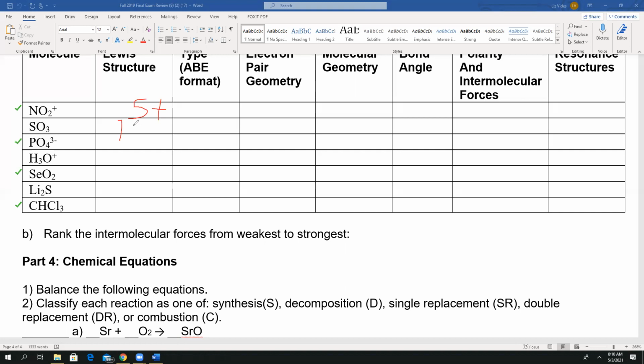That's 12. And then when you add, this is 17, but you have a positive charge, so you subtract 1. That gives you 16.